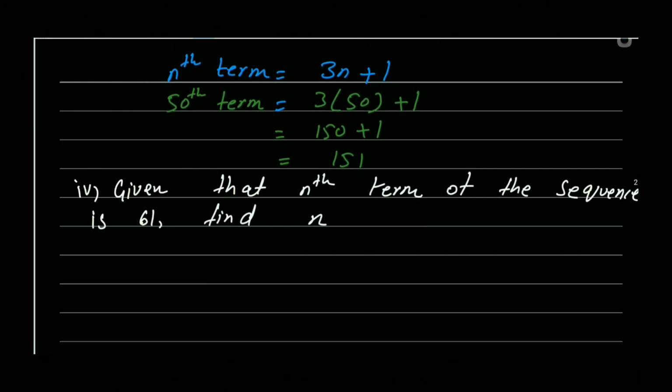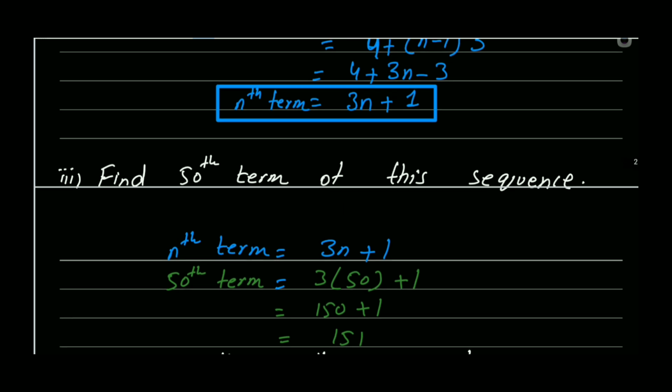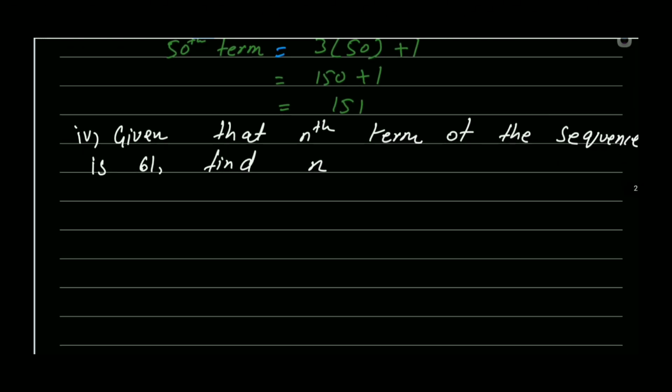So here nth term is given. You have to take this nth term that you have calculated in part 1. So here your nth term is 3n plus 1. So nth term is given here, that is 61. So you will put 61 in place of nth term and you have to find here n.